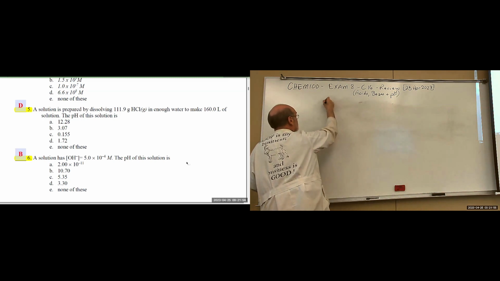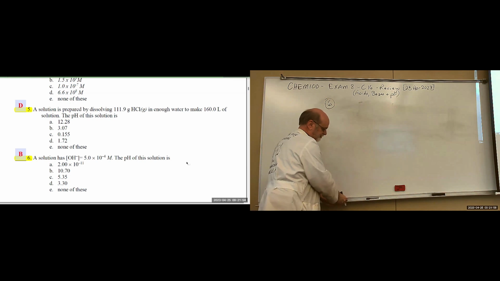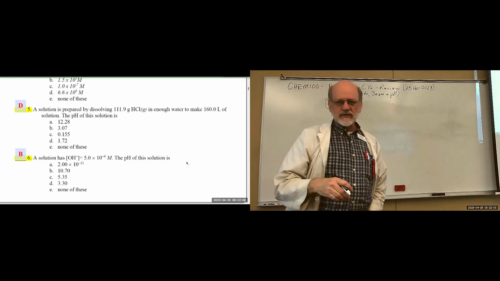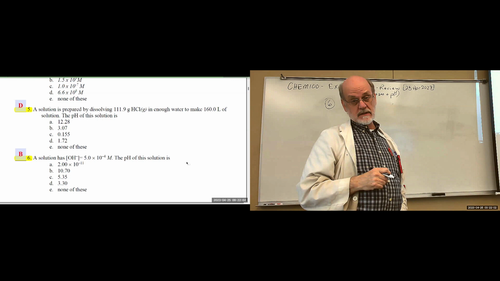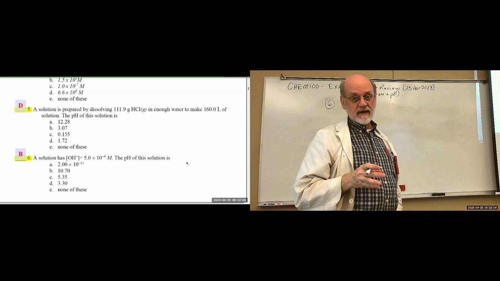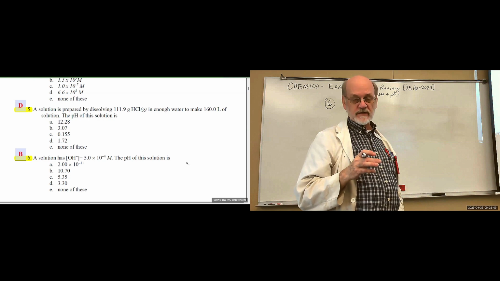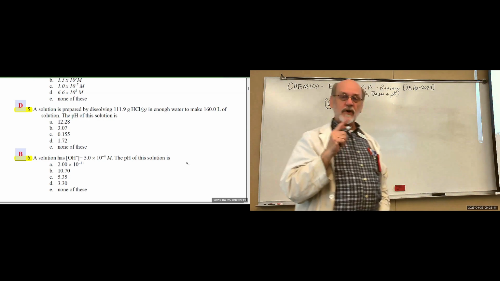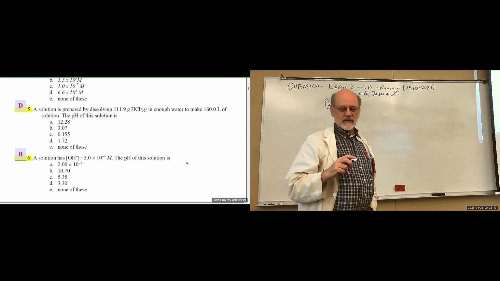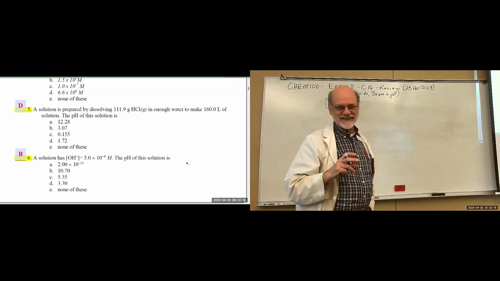And let's look at 6. A solution has hydroxide concentration of 5 times 10 to the minus 4th molar. The pH of this solution is... All right. We can approach this 2 different ways. We can make it the hard way or the easy way.